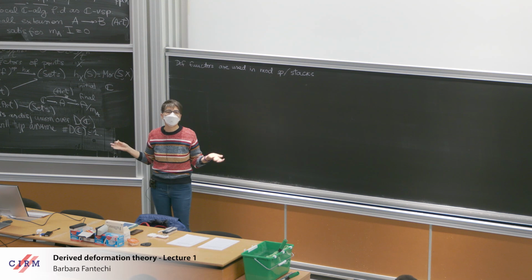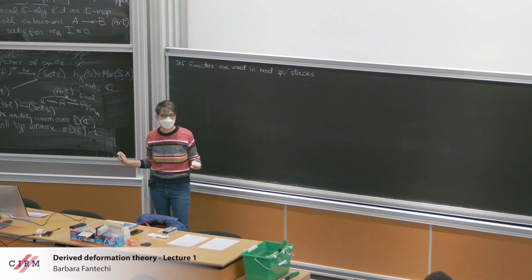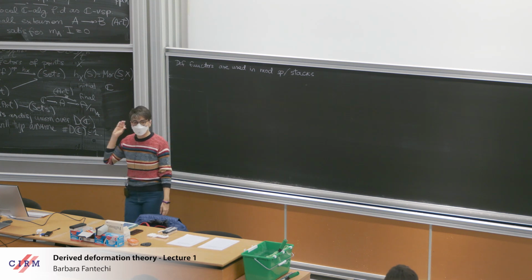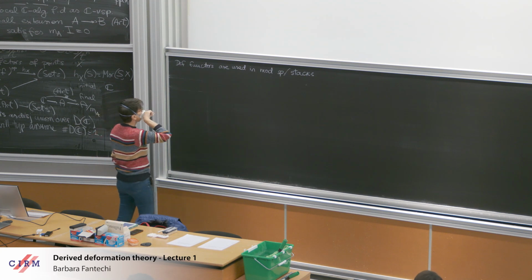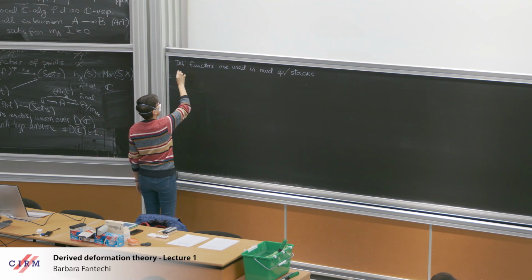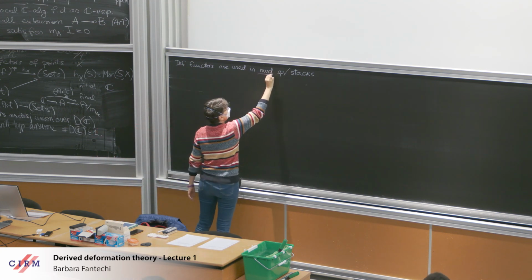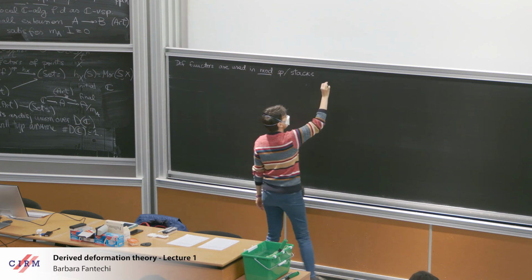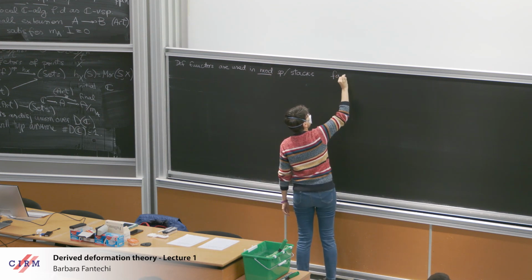And in particular, for schemes, this will all make sense. And the same is, for instance, let me discuss, if I want to make moduli, typically what I want to do is work with families.